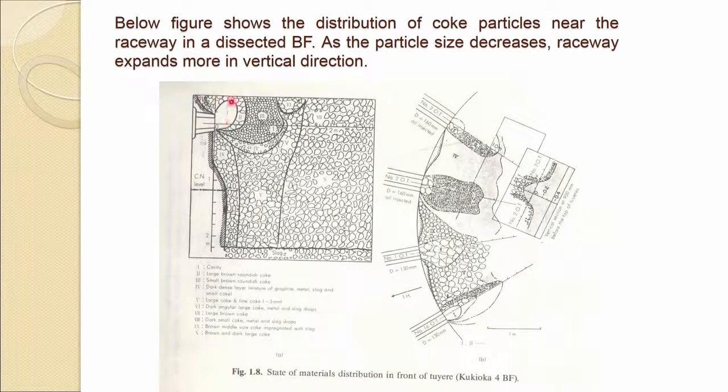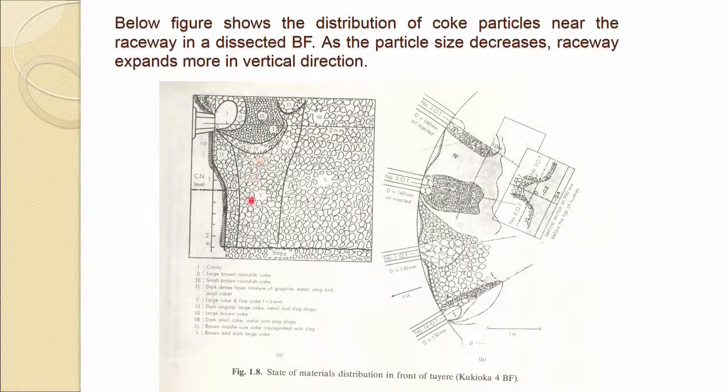So, just beside it there are large coke size particles, and away from this, in region 3, you will find small brown particles which are lesser in diameter than this, and in this part in fact you get the dark dense layer, which is a mixture of graphite, metal, slag and small coke.